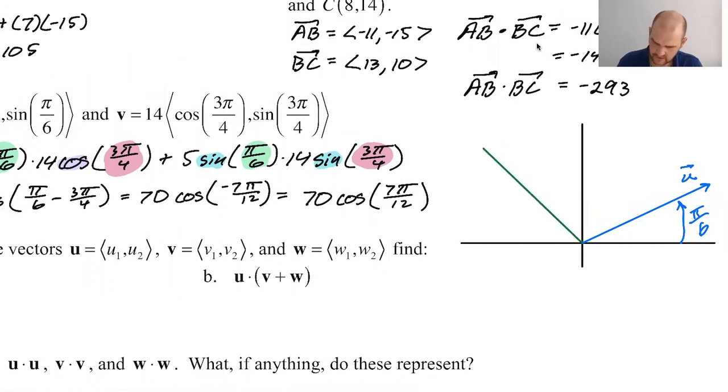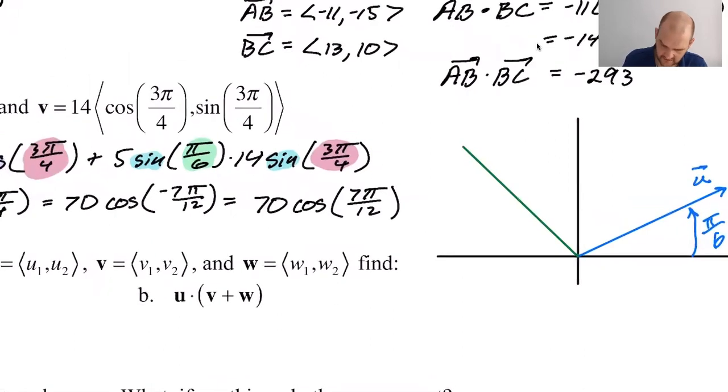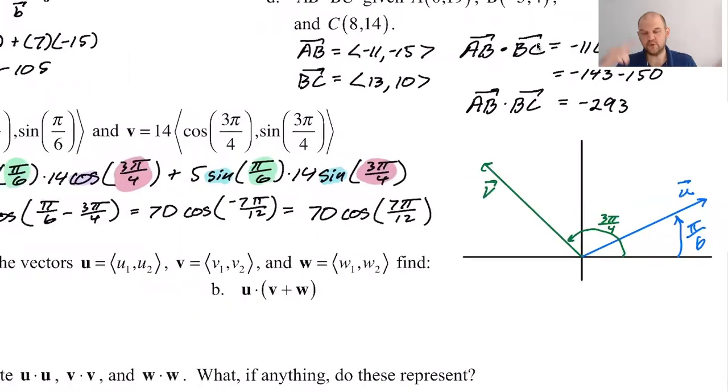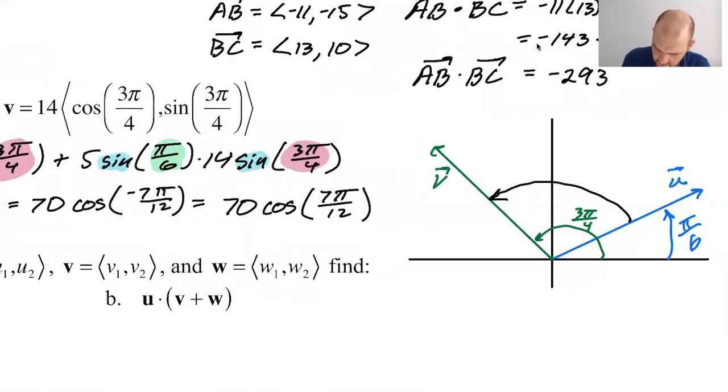There, that kind of snapped, so I'm thinking that's right. Oh, wait, this is v, and so this angle is 3 pi over 4. Now, we calculated 3 pi over 4 minus pi over 6, so what we calculated is that this angle is 7 pi over 12.